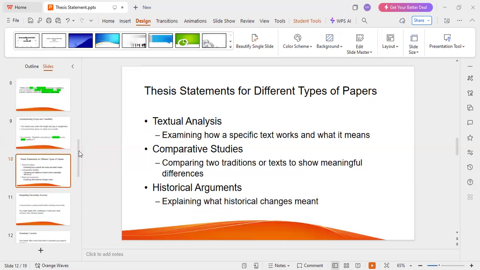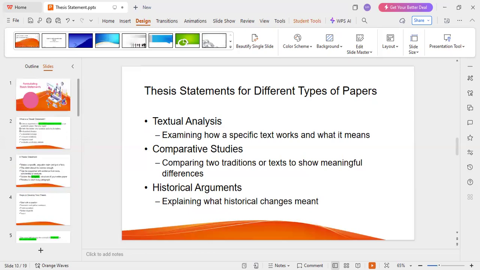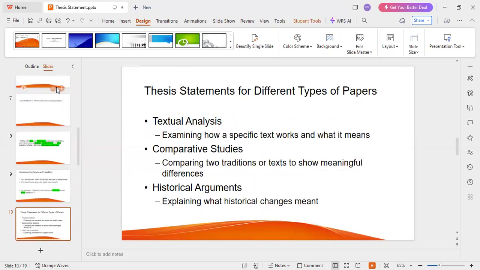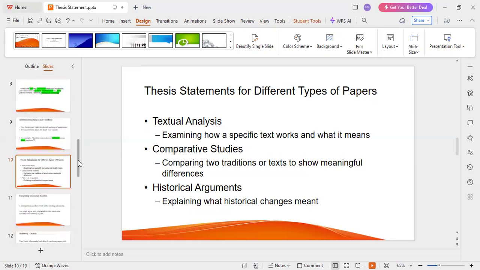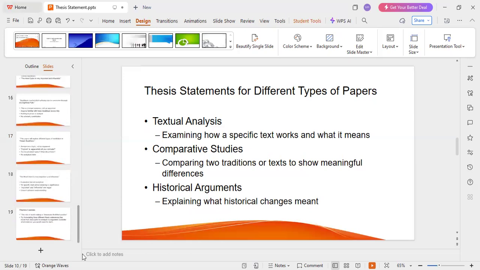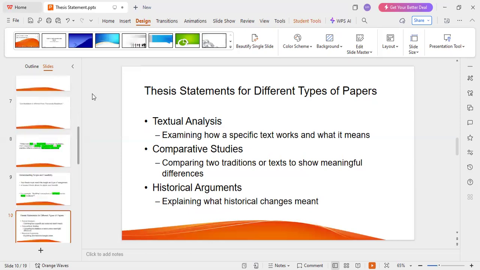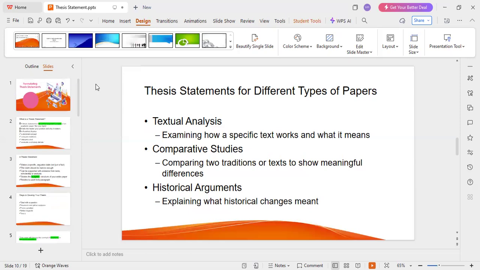So I will be sharing this presentation with you probably next week because I have included some more stuff related to the same topic about this statement and also some questions. And we will do some practical writing activities related to thesis statements.